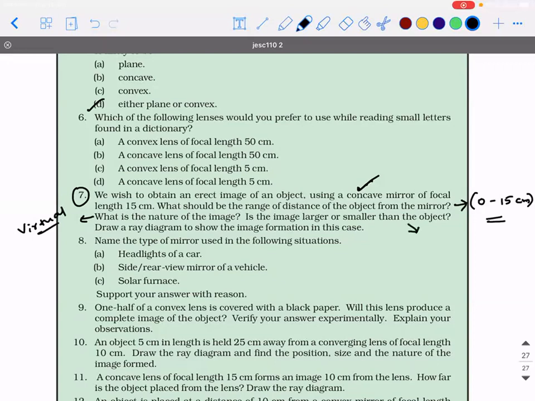You tell me. It is larger because there's only one case where you can produce a virtual image which is magnified. Draw a ray diagram to show the image formation in this case. This we have already seen in the previous class, so I'm not explaining it.